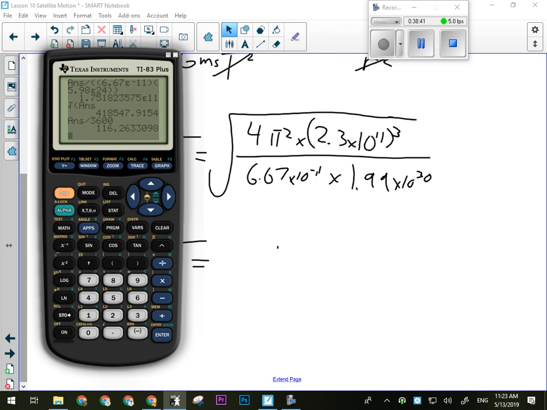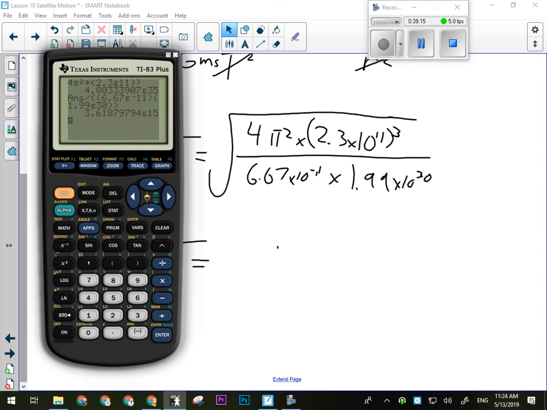So we're going to have 4 pi squared times 2.3 E11 cubed. There's the top. I'm dividing that by the bottom, 6.67 E negative 11 times 1.99 E30.